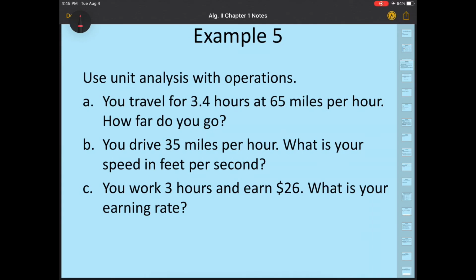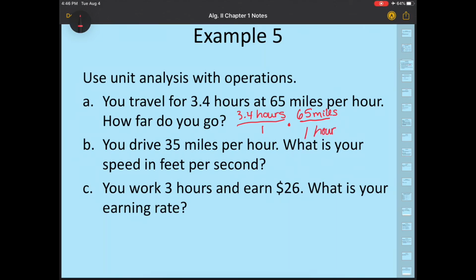So let's see, I went 3.4 hours, and I traveled at 65 miles per hour. So as a fraction, 3.4 hours, and I'm putting that over 1, and 1's just a normal unit. And I'm going to need to multiply that by 65 miles in 1 hour.